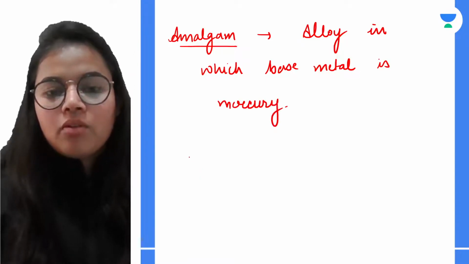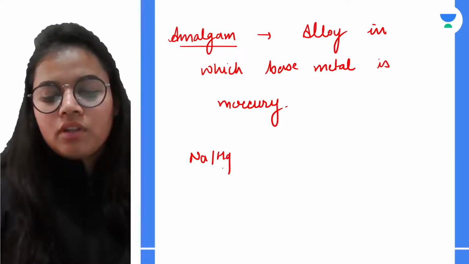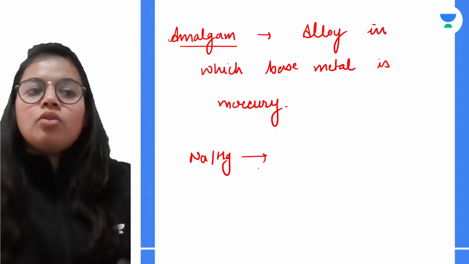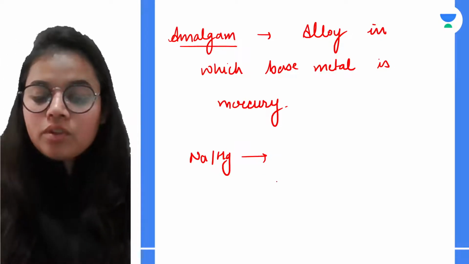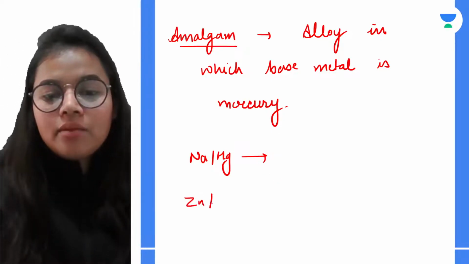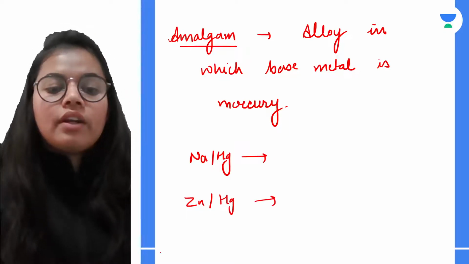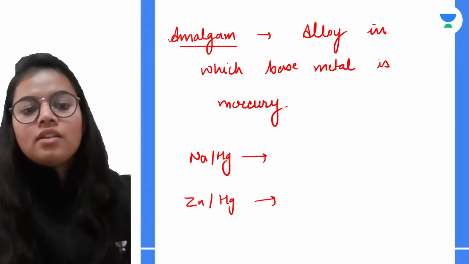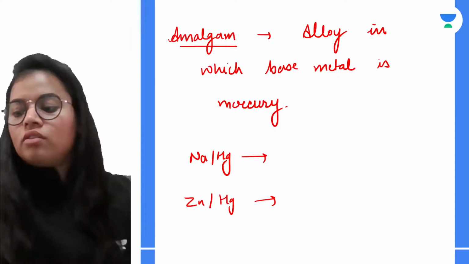If I talk about the amalgam of sodium, that is used to lower the reactivity. Then zinc amalgam is used in voltaic cells. So this is what amalgam is basically used for.